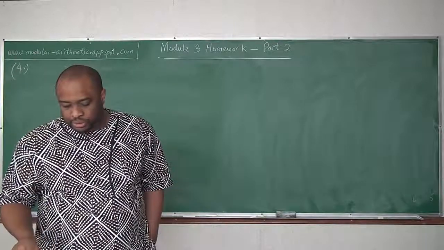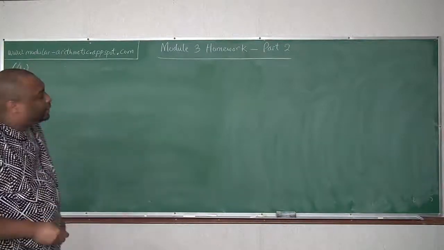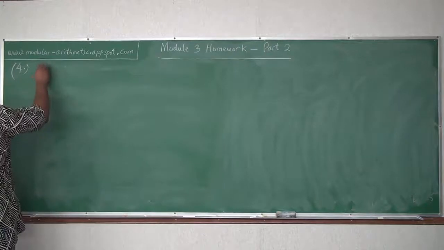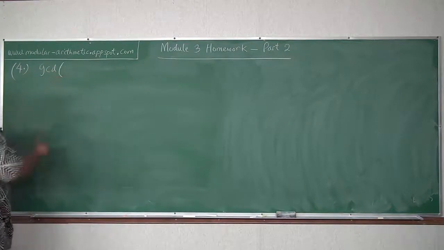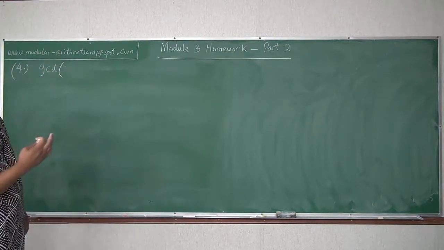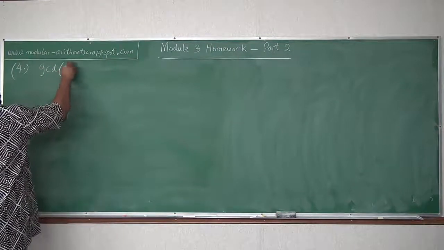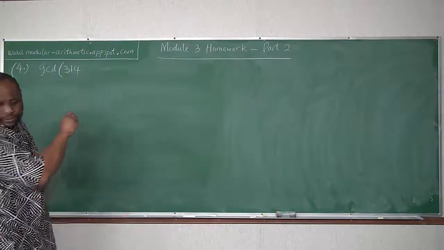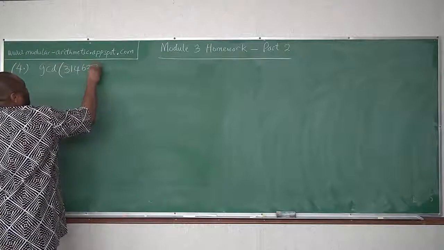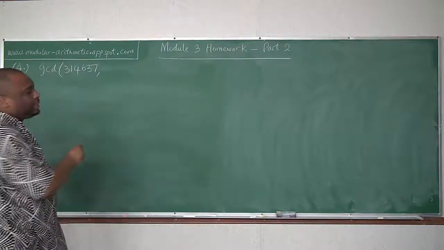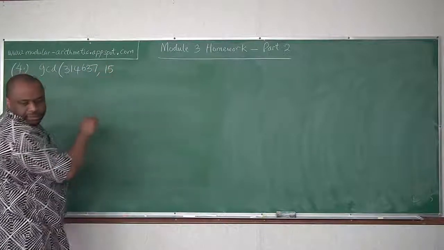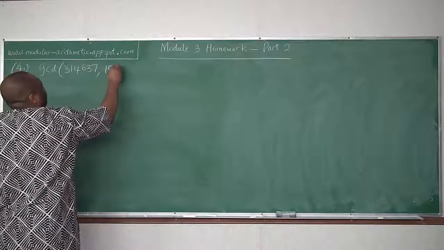I'm doing an example, so we're going to find the GCD of 314,637 and 152,343.